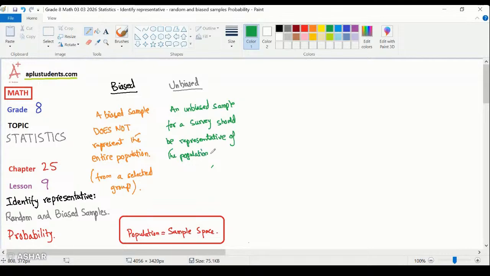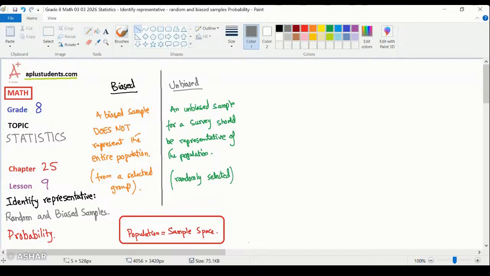That means we are not choosing specific people, they must be randomly selected. Okay, this is the difference between biased and unbiased.